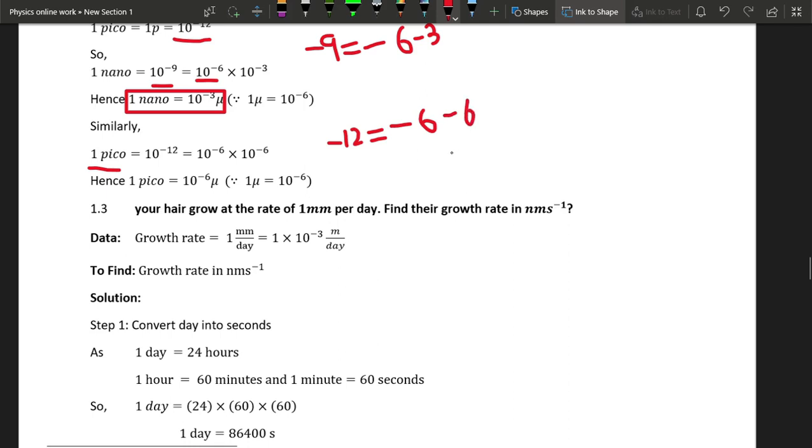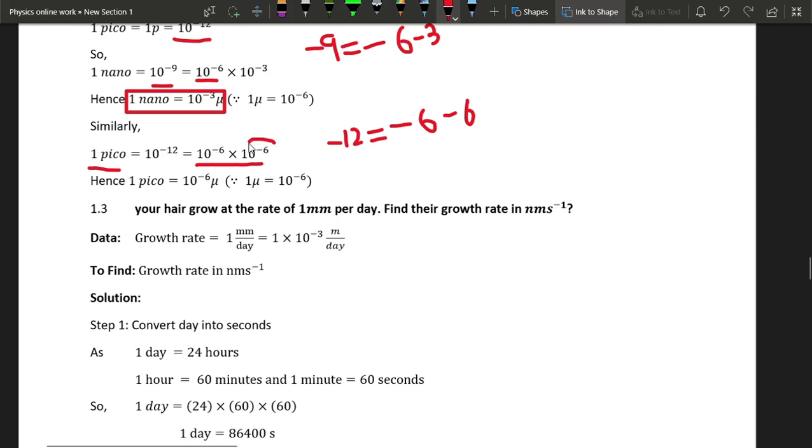Remember this, we have only prefixes of 10 raised to power minus 6, 10 raised to power minus 9, and 10 raised to power minus 3. So we convert this 12 into minus 6 and minus 6. So we see 10 raised to power minus 6 into 10 raised to power minus 6.